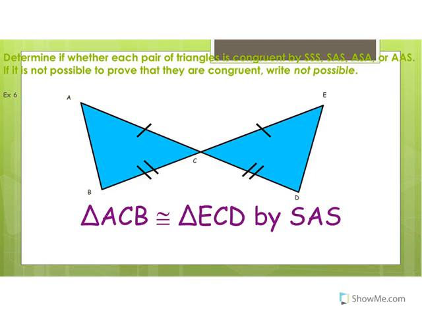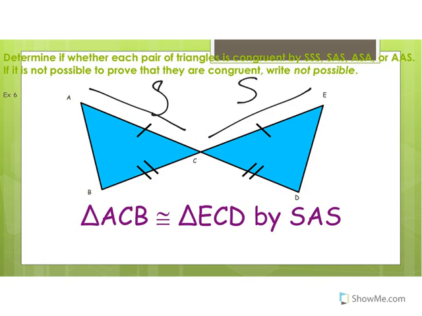Okay. And it says determine whether each pair of triangles is congruent by SSS, SAS, ASA, or AAS. If it is not possible to prove that they are congruent, write not possible. So here we have side AC is congruent to side EC, so label that as a side.